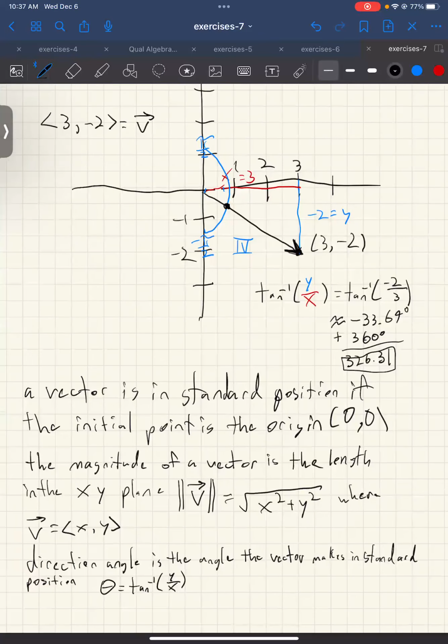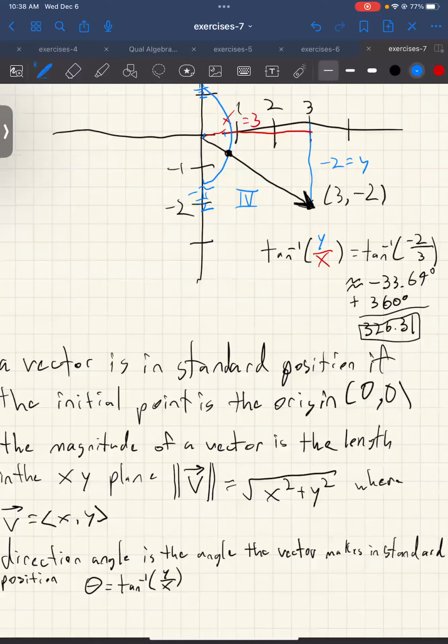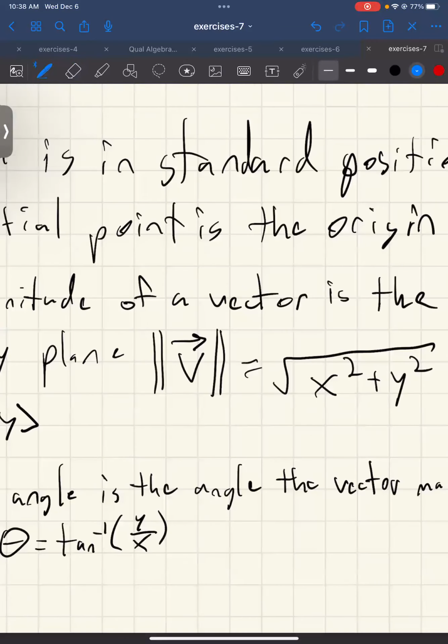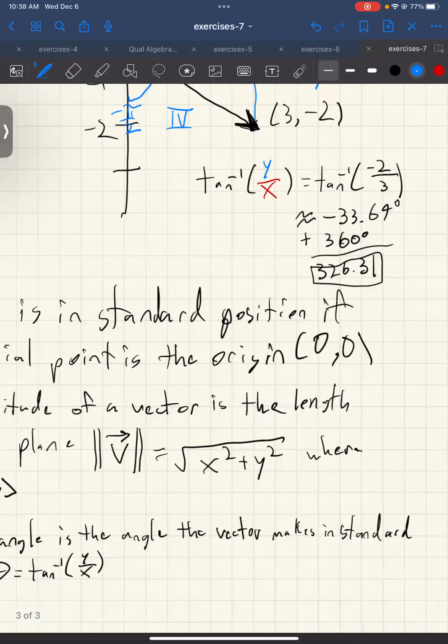That's what we said right here. Now, if we were in quadrant 1, we didn't do anything to that. But if we were in quadrant 4, we had to add 360 to that angle. So let's do plus 360 if we're in quadrant 4.